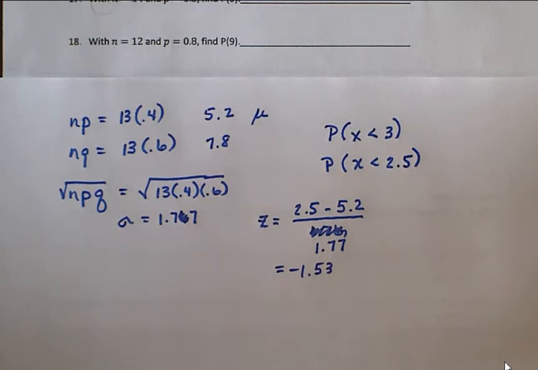Okay. And since this is a less than problem, negative 1.53 is 0.0630.